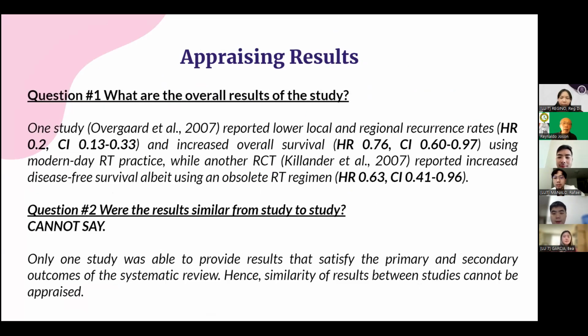There's one study from Overgaard that reported lower local regional recurrence rates, hazard ratio of 0.2, and increased overall survival, hazard ratio 0.76, using a moderate radiotherapy practice. 0.2 and 0.76.